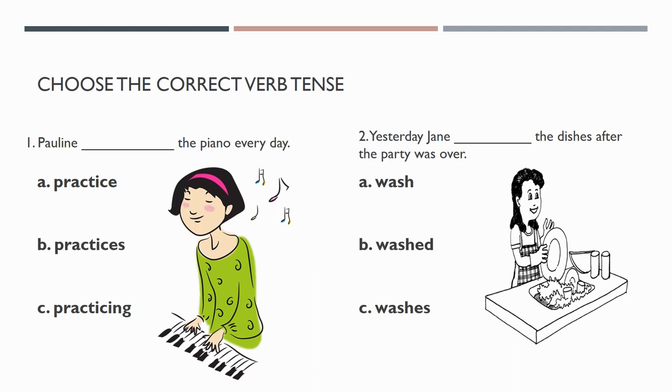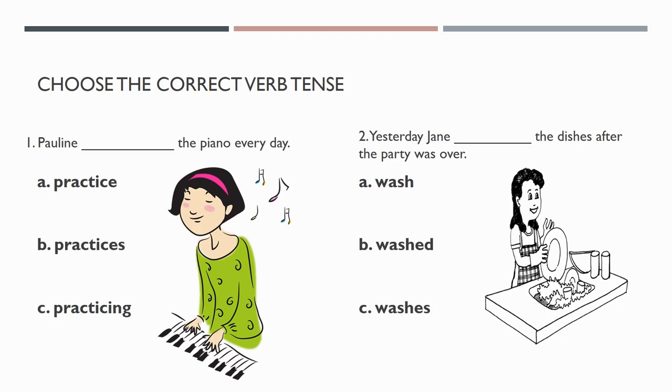Okay, let's try another 2. Number 1. Pauline blank the piano every day. Read that for me again. Yes. Should the correct verb tense be practice, practices, or practicing? Yes, boys and girls, if you said practices, you are absolutely correct.